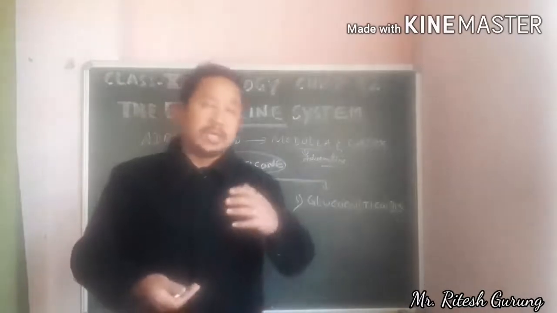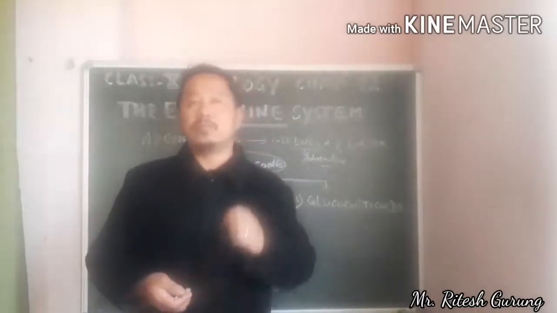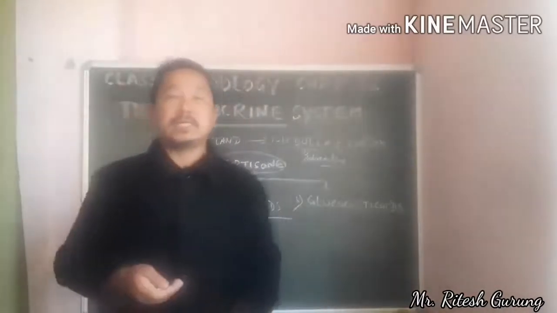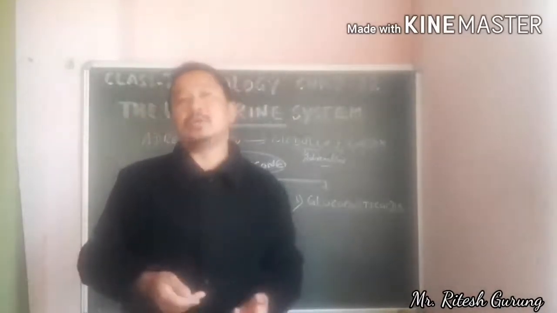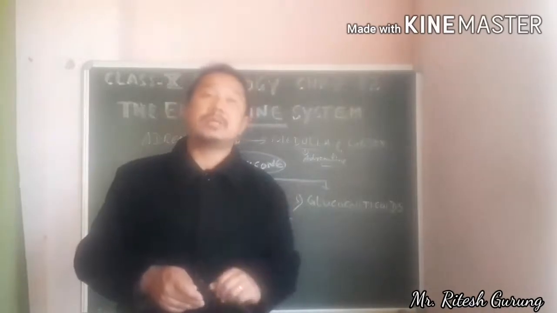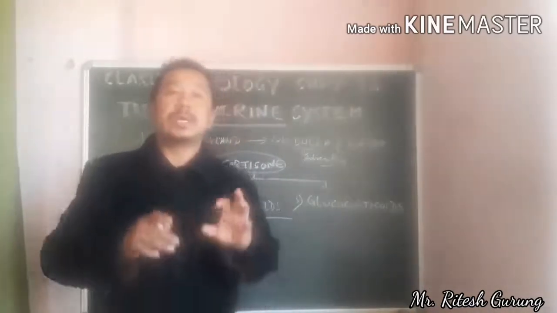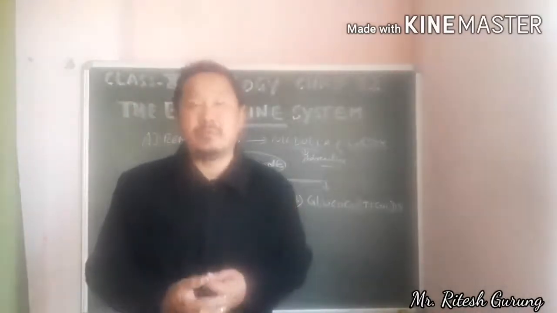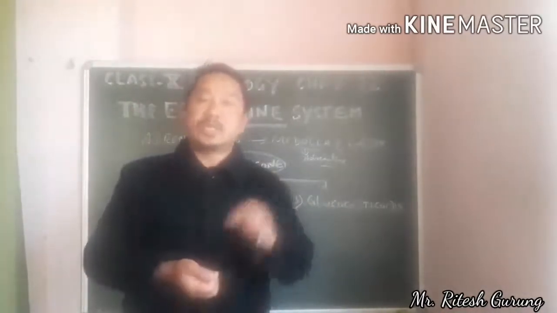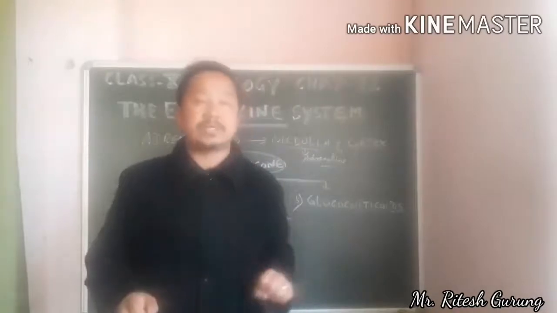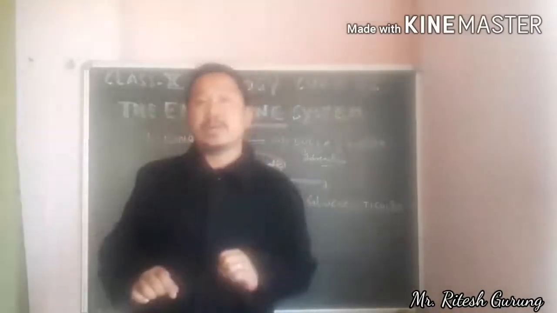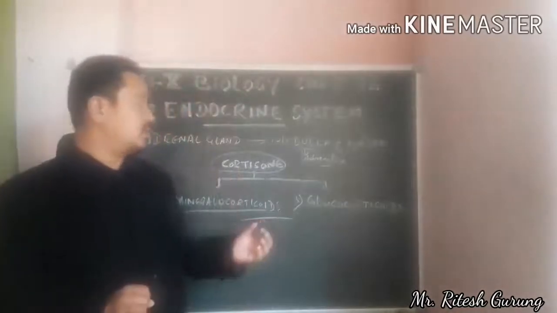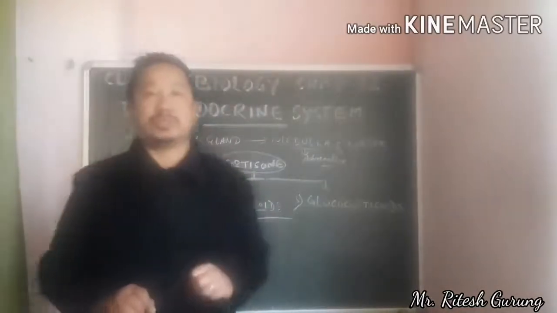Because fats and proteins, when eaten, need to be digested. After digestion, they need to undergo a number of chemical reactions in order to convert themselves into usable forms, and these chemical reactions are highly influenced by these cortical hormones.